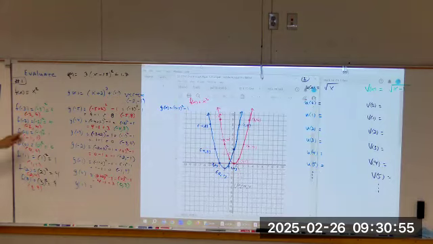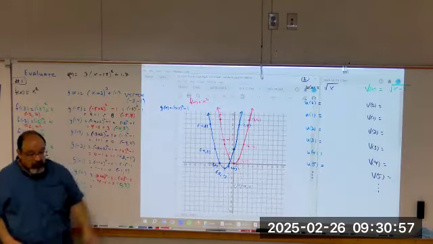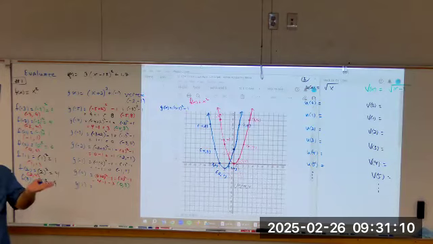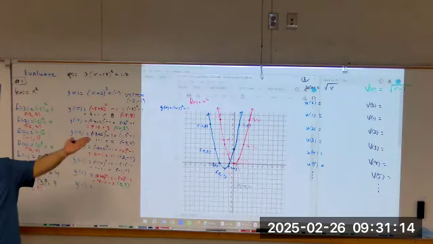Now, if I change the number in front, and we're not going to worry about it right now, if the number is bigger than 1, it makes the graph more narrow. If the number is a half, it makes it wider because it's only going up half as quickly.